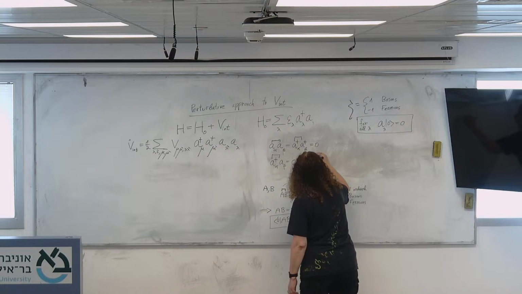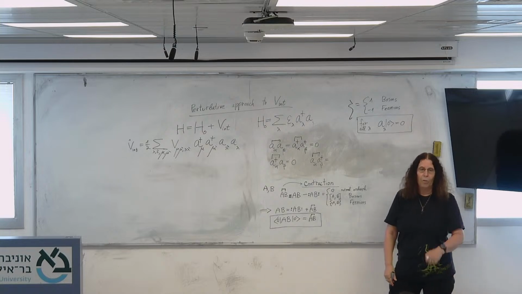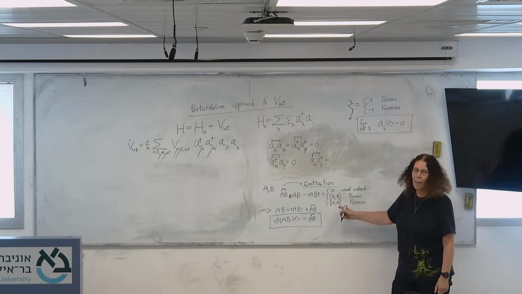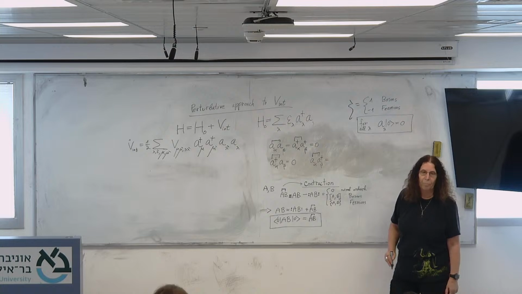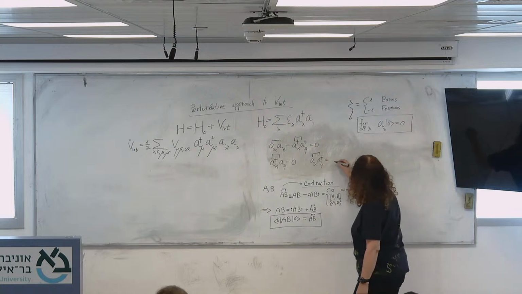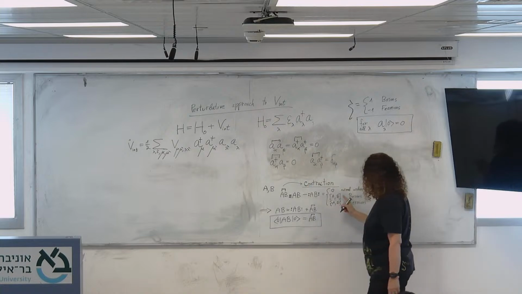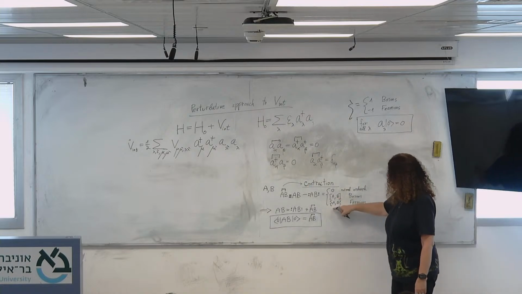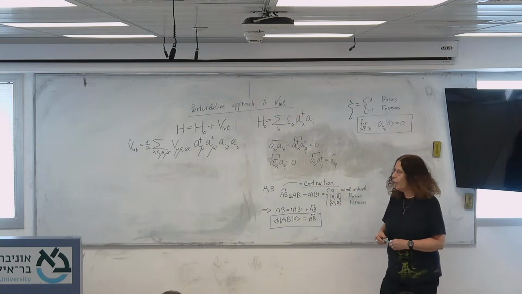And what will be the answer? It will be delta alpha beta, exactly. And notice that I don't care if they are bosons or fermions. For both cases, I get the commutators, and the commutators or anti-commutators are this delta. Okay?